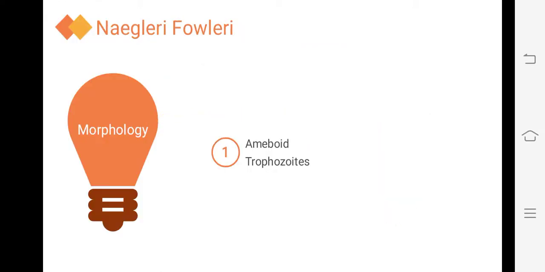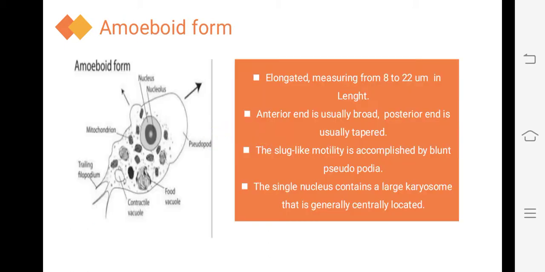So let's go over the first, the amoeboid trophozoite. It measures up to 8 to 22 micrometers, and its anterior end is broad, while its posterior end is usually tapered. It has slug-like motility, accomplished by blunt pseudopodia.